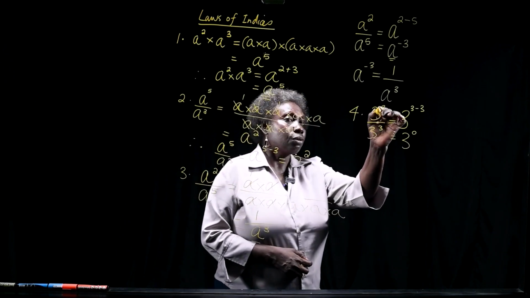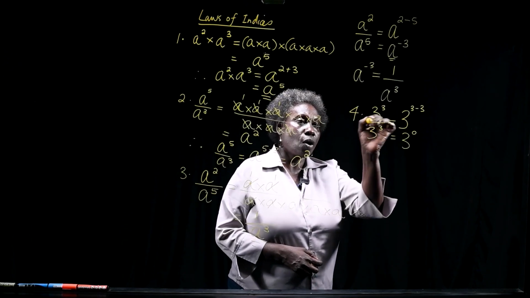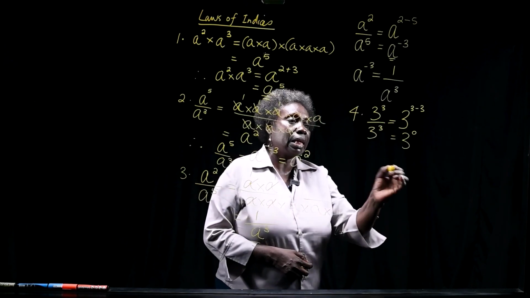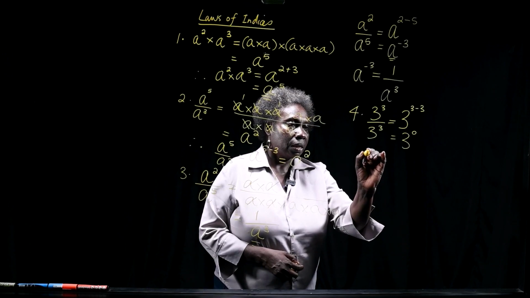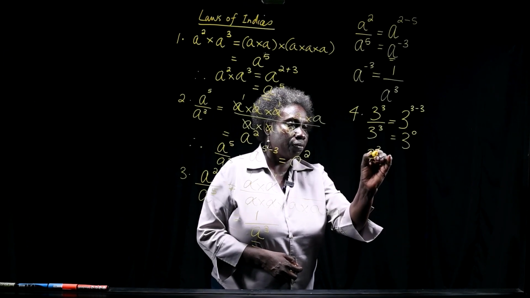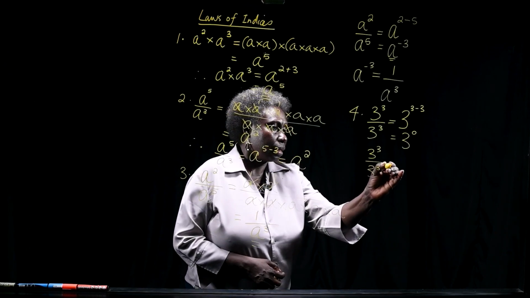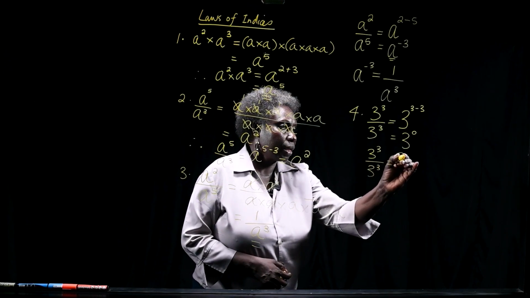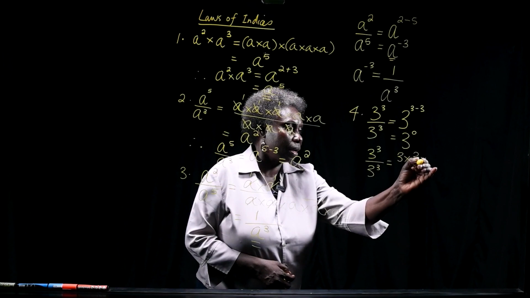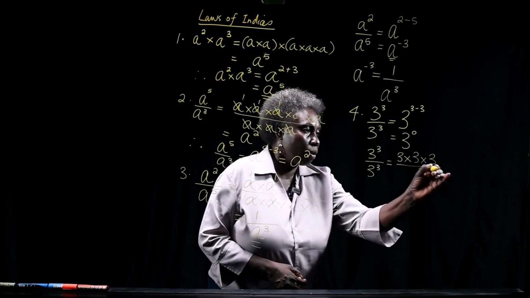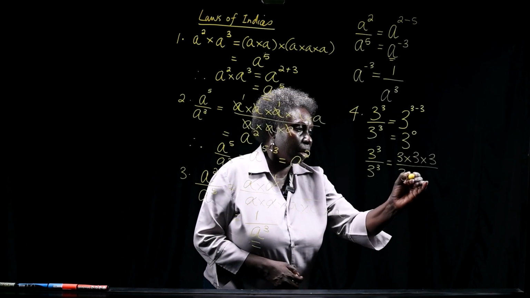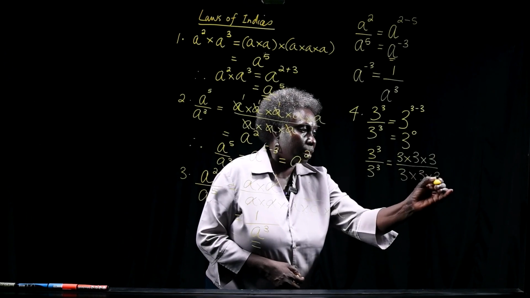Let's look at 3 to the power of 3 over 3 to the power of 3 in an expanded form. That is 3 times 3 times 3 over 3 times 3 times 3.